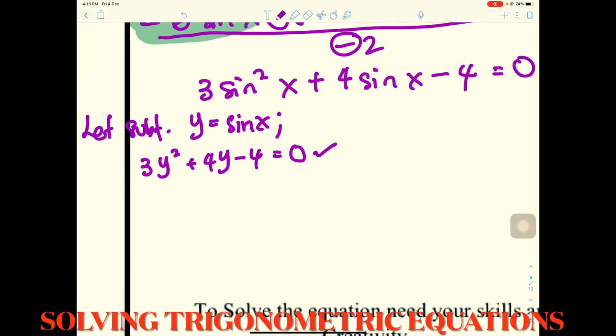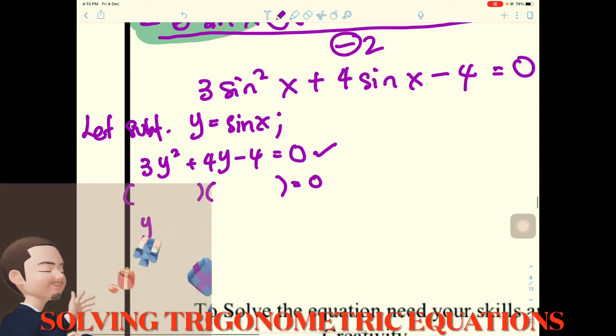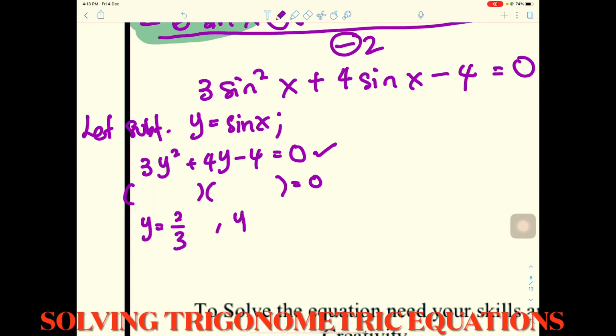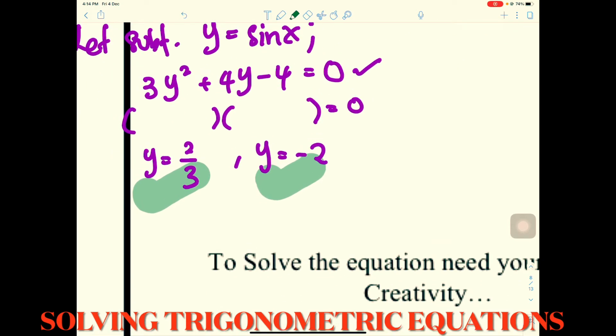If you use the calculator to check the factorization, you get y equals 2 over 3 and y equals negative 2. How do I get this? From the apps in your calculator. Then fill in the brackets, so you get (3y minus 2)(y plus 2).